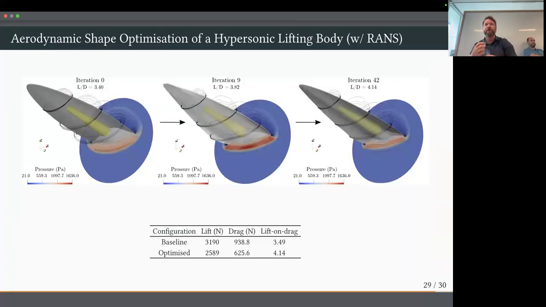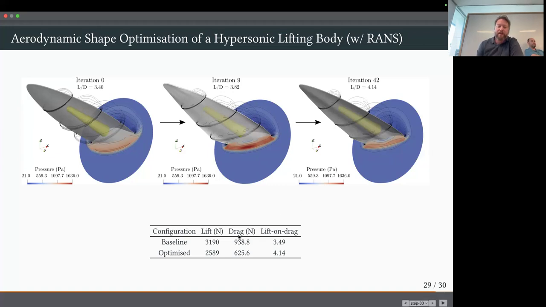So we can just summarize those results. That's all I want to finish with on this slide here. It just took a few design iterations where we start at a lift to drag of 3.4, some way along where we've improved quite a bit to 3.82. And by the time we're claiming convergence, we've got this lift to drag ratio of 4.14.